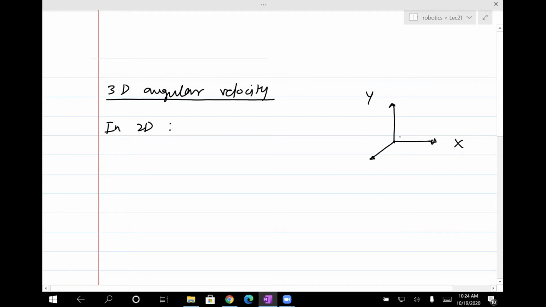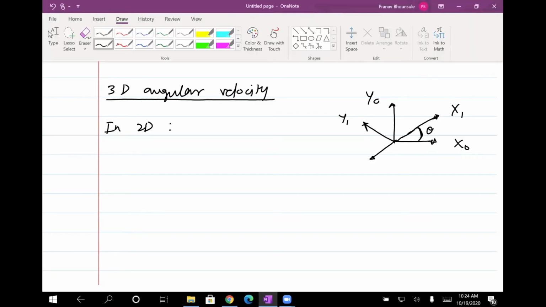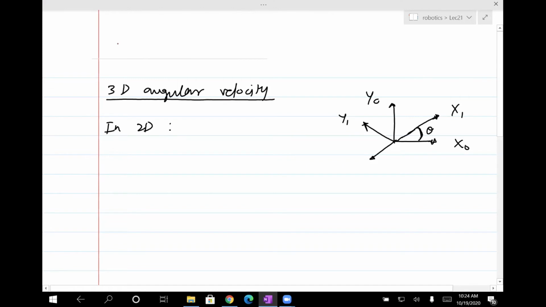If you remember, we rotated the frame from x, y to x1, y1, and this was theta, right? And what was really going on, as I just showed you in the three-dimensional picture, is that when we did this rotation, we were actually rotating about the z-axis, right?